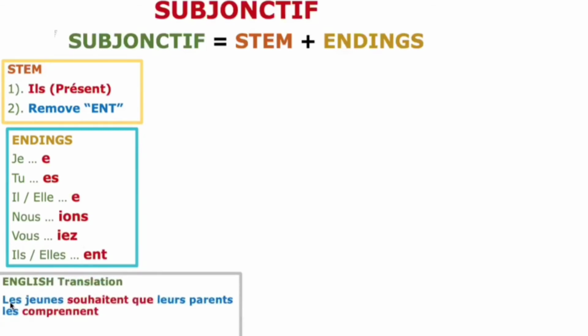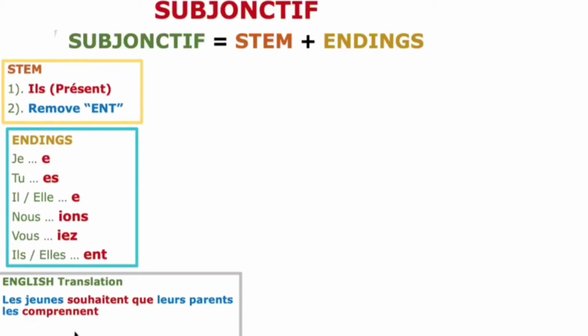Some sentences are given here. Les jeunes souhaitent que les parents les comprennent. See the expression. Comprendre is the verb, conjugated in subjunctive tense, and you get the stem from the ILS form of the present tense by removing ENT. The subject is parents, a plural form, so you have to add ENT.